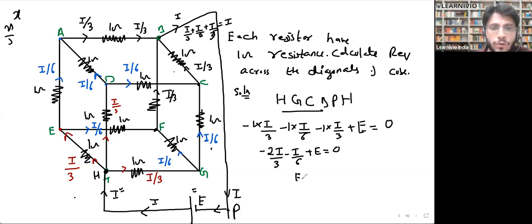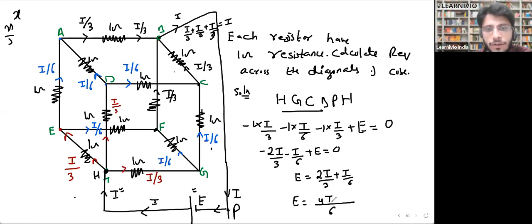So you will write that your E is 2I by 3 plus I by 6. Taking 6 as LCM, that's 4I plus I, so that is 5I by 6.